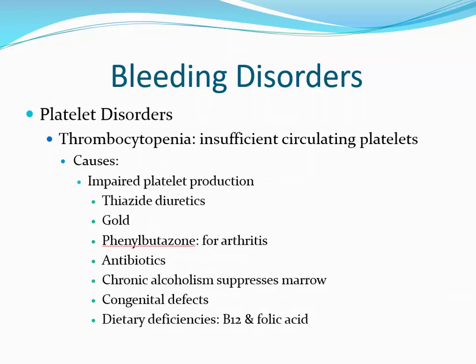It could also be the result of thiazide diuretics, gold, phenylbutazone that's often used for arthritis, certain antibiotics, and chronic alcoholism, because chronic ethanol use suppresses the bone marrow. Congenital defects are relatively rare, but they too act by suppressing the bone marrow. And then dietary deficiencies of B12 and folic acid, which inhibit DNA synthesis. Again, it inhibits the platelets for the same reason it also interferes with red cells and white cells.